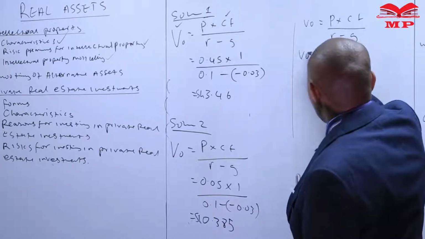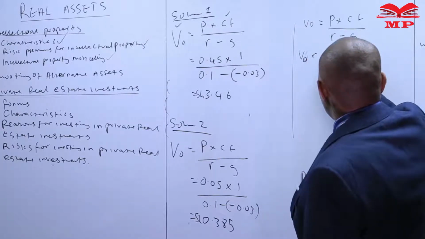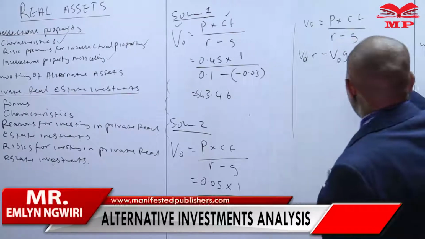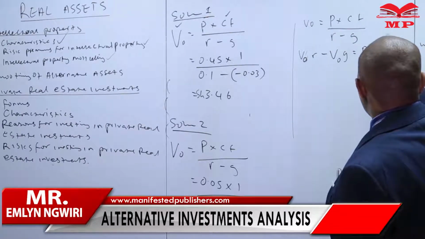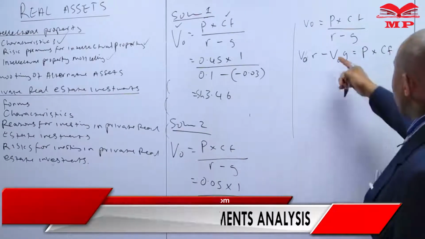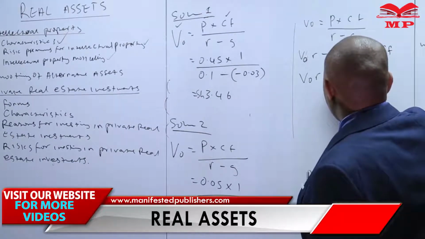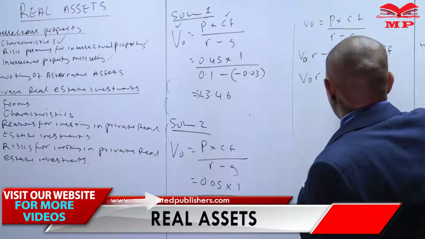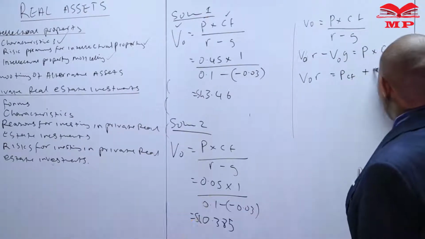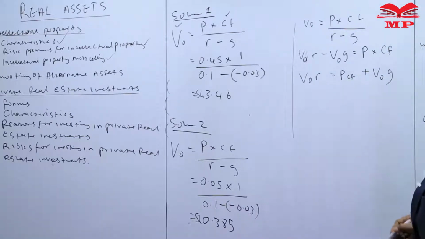We have V0 R minus V0 G is equal to price times CF. Now we take this to the other side, so we have V0 R is equal to PCF plus V0 G. So we divide by V0 on both sides.